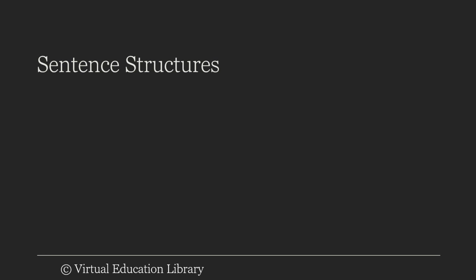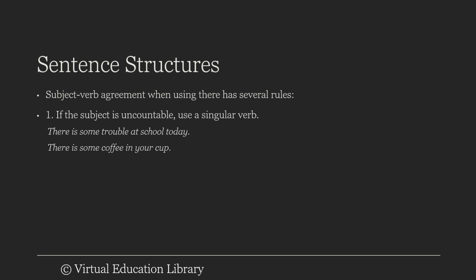Now coming to sentence structures. In such sentences, subject-verb agreement is important. When using it, there are several rules. The first rule is if the subject is uncountable, use a singular verb. An example of that is: There is some trouble at school.